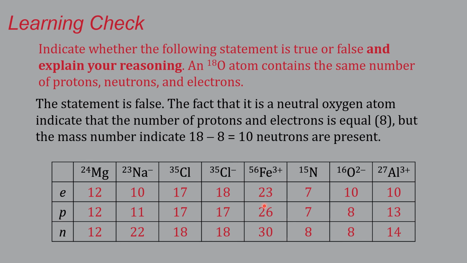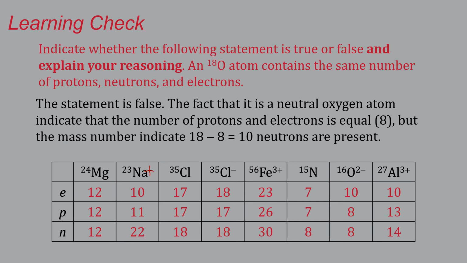All right, so I'll just pick one as an example here. So let's look at sodium. And that is a typo that I will fix right now. That is actually sodium plus. All right, and hopefully those numbers now make sense.